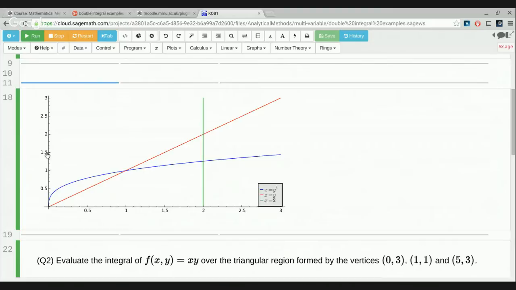Sorry, hang on, I'm just having a bit of a mind blank. x on the outside, integrated with respect to y. We just have to be very careful. This example is trickier than I originally thought.